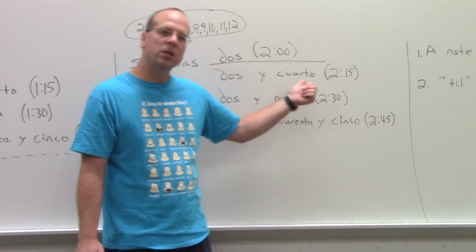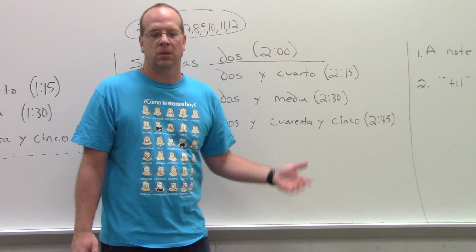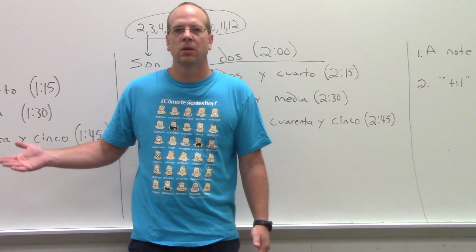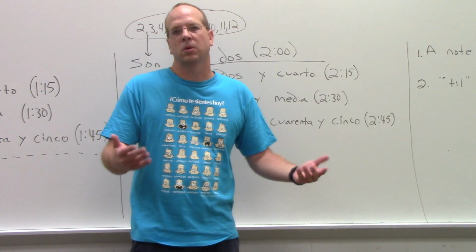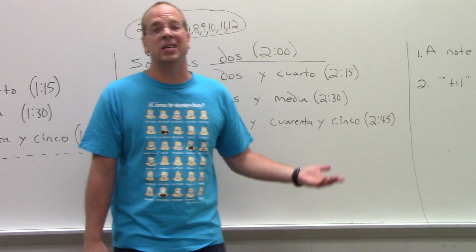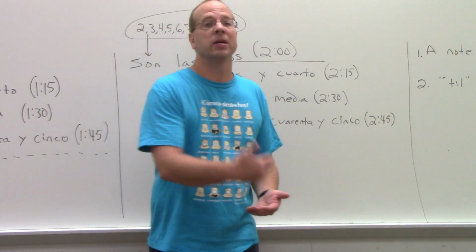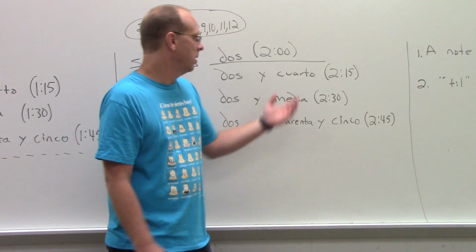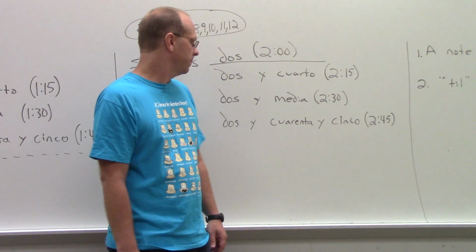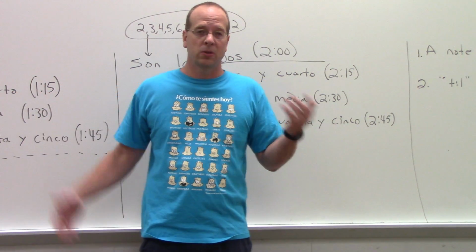Las 2:15, it's 2:15. La 1:15, 1:15. You can't say son las 2:15. Es la 1:15. And you're literally saying, oh, it is 1:15. It is 2:15. All right. So that's the basics on the 1 o'clock and 2 o'clock hours.